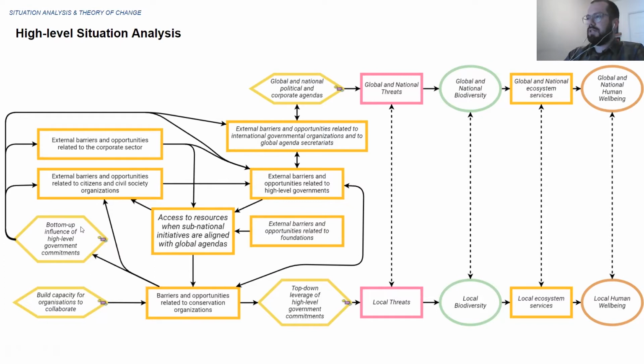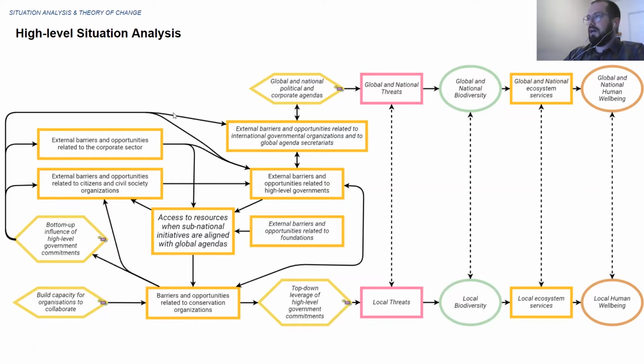The other strategy that conservation organizations can adopt is not trying to implement on-the-ground projects, but rather to influence the global agenda. So it's more of a bottom-up approach where you're trying to influence the language of the agendas or the commitment of your high-level governments. There are various ways to interact with those actors.